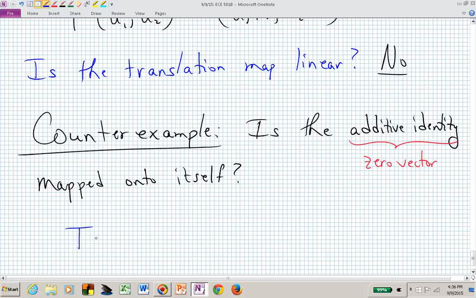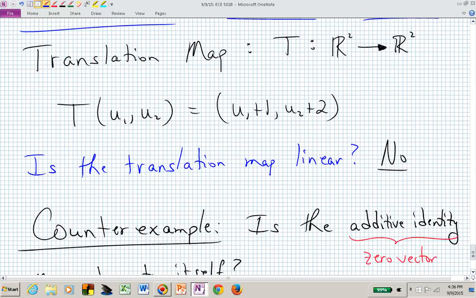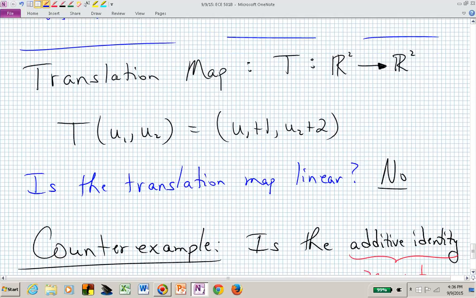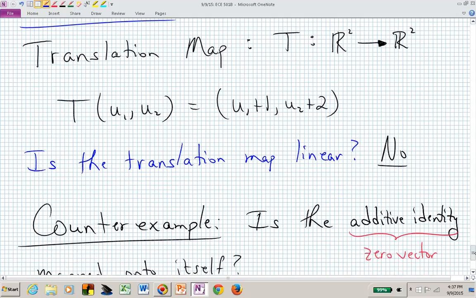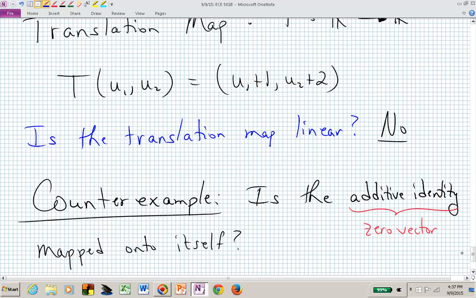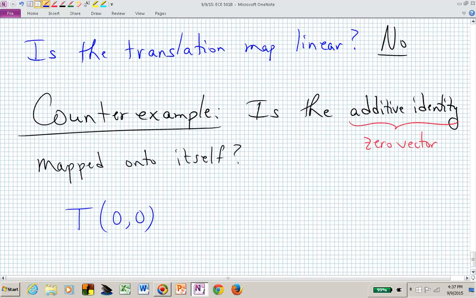Meaning here we have, let's say, T of 0, 0. That's the zero vector. And we want to know, after going through this map T, do we end up at 0, 0? I think it's clear that that's not going to be the case from the way that this map is defined. We plug in 0 and 0 for U1 and U2 on the right, and we end up with 1, 2.